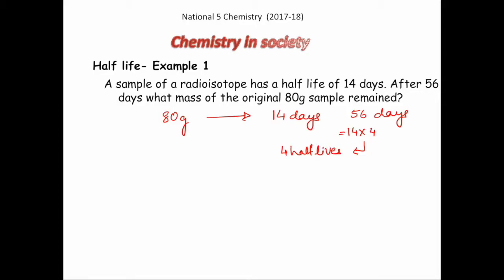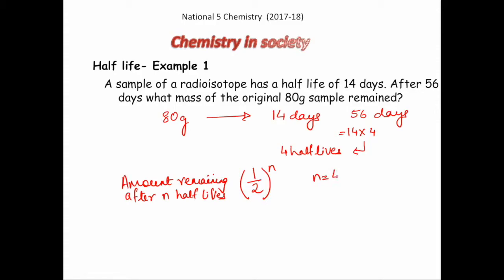So the amount remaining is always written as (1/2) raised to the power n, which would give you the amount remaining after n half-lives. So here n is equal to 4.